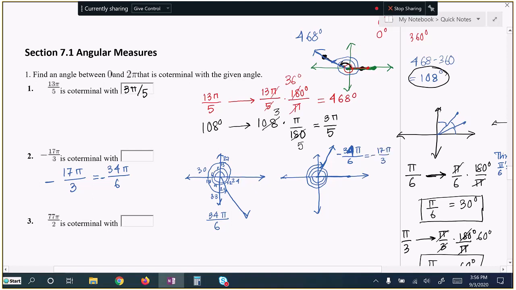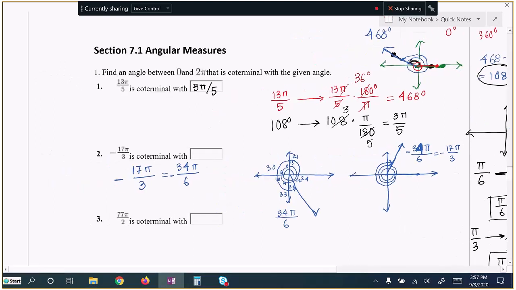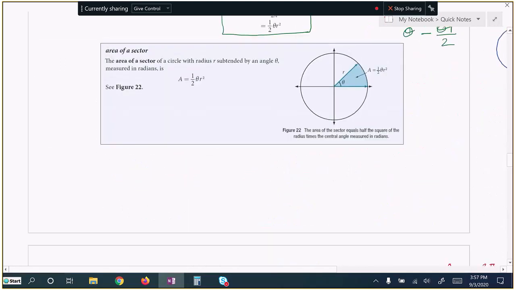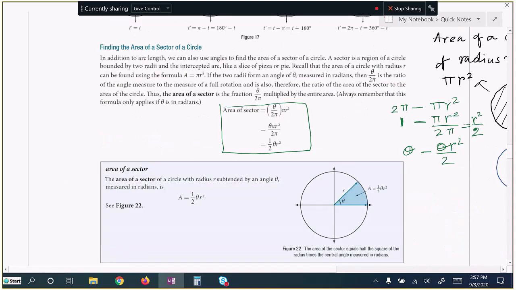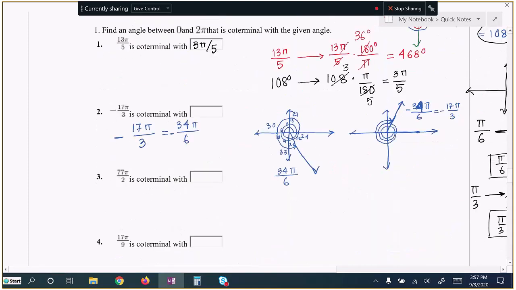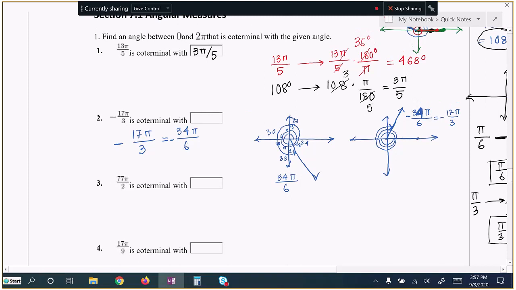But remember, your problem is to find the coterminal angle with this one that lies between 0 and 2 pi. So one thing you can immediately do is ask, what if I take this much in the positive direction? Because your angle is between 0 and 2 pi, it should be positive, so you have to be in the counterclockwise direction, and that will be the coterminal angle.